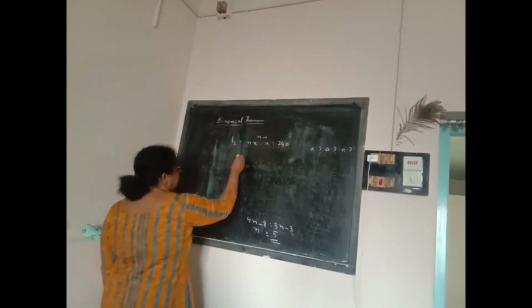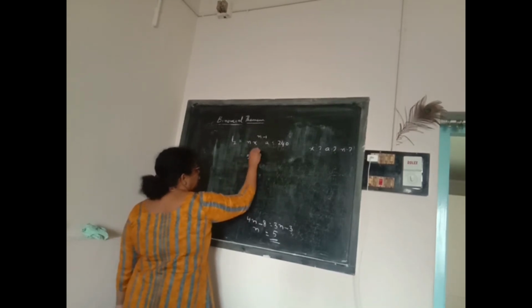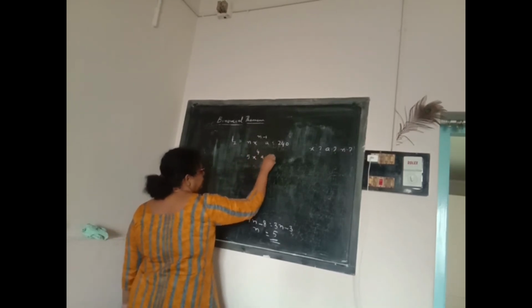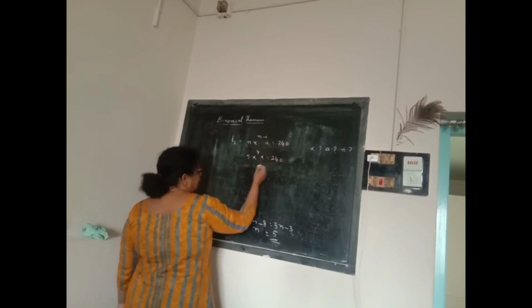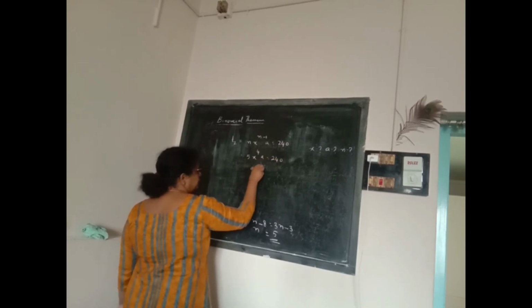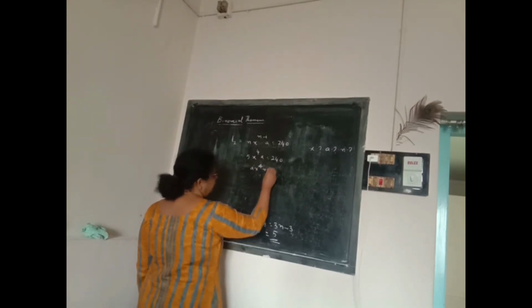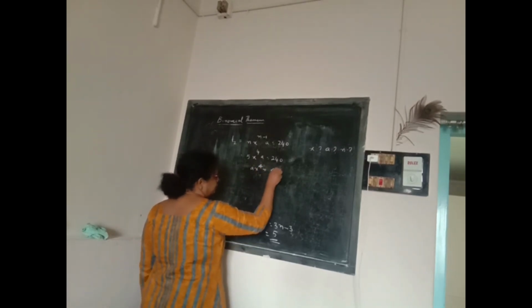Substitute. So we get 5 x raised to 4 a is equal to 240. Divide by 5, so a x raised to 4 is 240 by 5, 48.